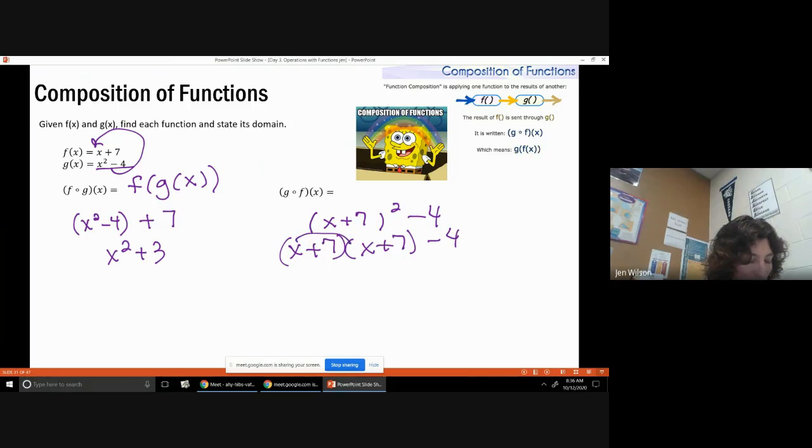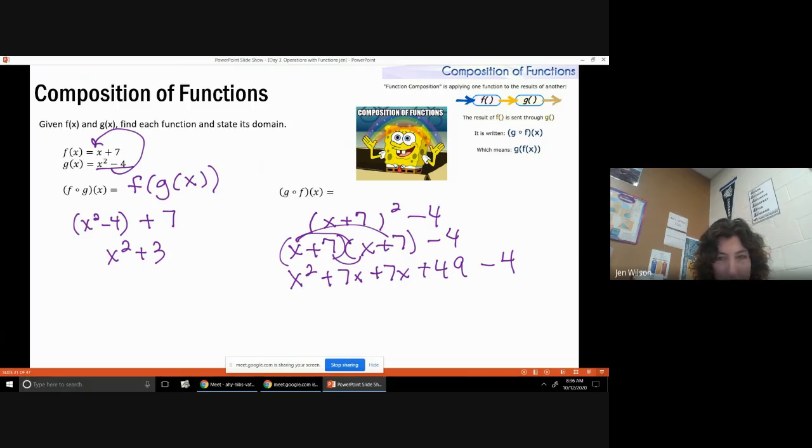So x times x is x squared. x times 7 is 7x. 7 times x is 7x. And 7 times 7 is 49. I'll bring down my minus 4. And I can combine like terms. And I get x squared plus 14x plus 45. And that's my new function.